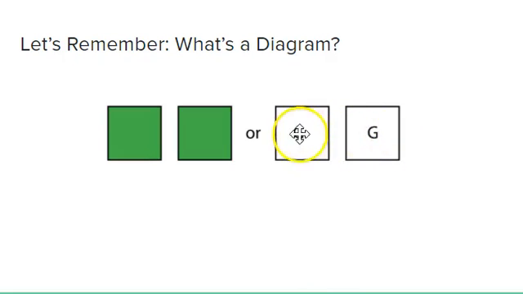I could also have 2 squares with a G in them to represent 2 green. I could just have 2 letter G's to represent green. So a diagram is basically a representation of something else. On this next part, I want you to sketch out and figure out your diagram for what we've got next.